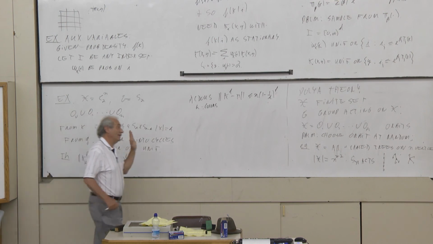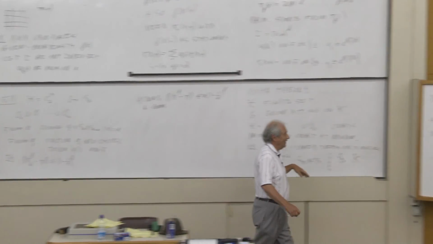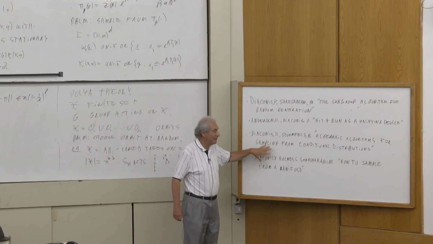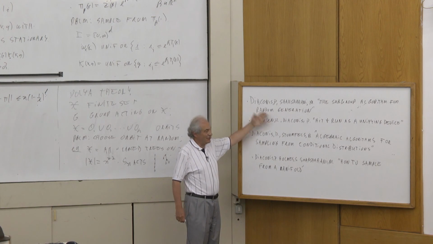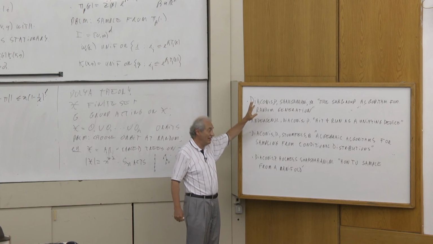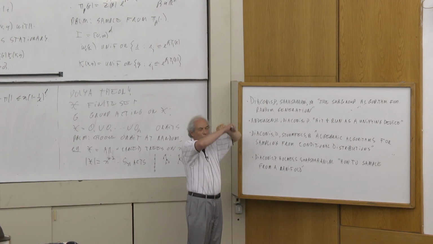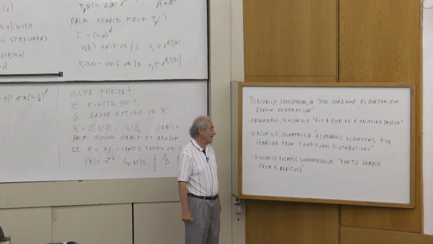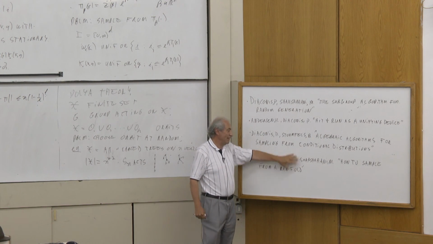Okay, the last thing to say is these other papers are filled with other examples. This is how to generate random contingency tables, or for logistic regression. There are many, many problems in which one wants to sample from unusual distributions on finite sets, and this is what it says.